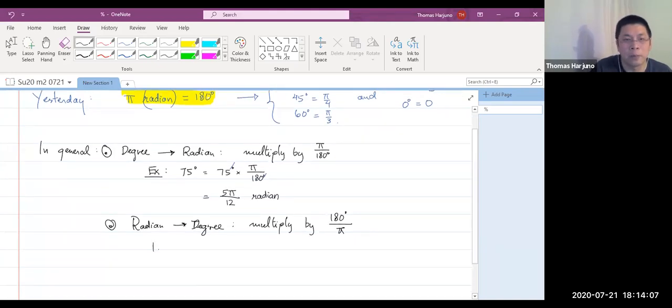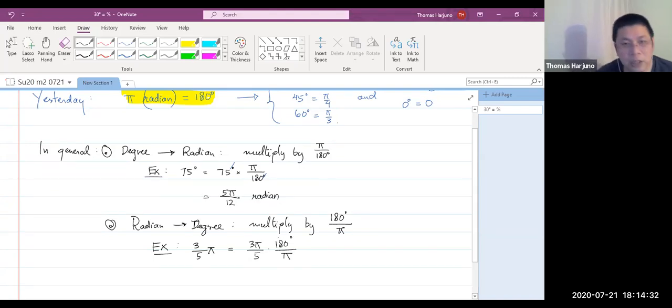So for example, if we have 3 over 5 pi radian, so 3 pi over 5 times 180 degrees over pi.